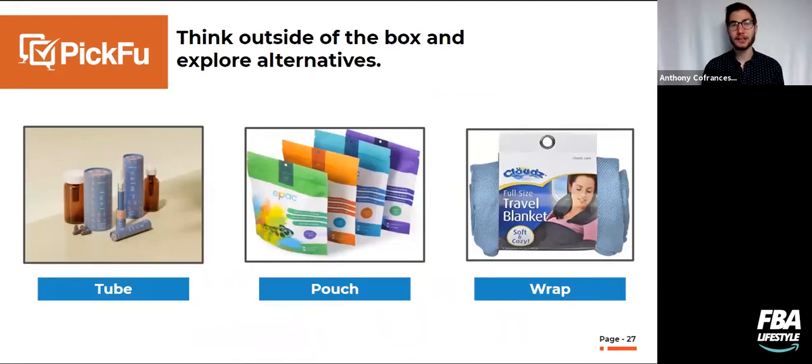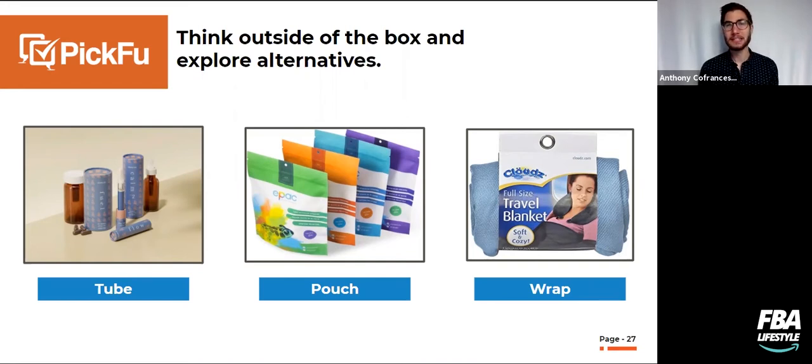Another strategy here is to think outside of the box, pun intended, and explore alternatives to boxes. Not only from a functionality standpoint, but a cost standpoint, boxes are, just by their very nature, going to take up the most volumetric size, which is obviously a really big thing in regards to shipping and fulfillment costs.